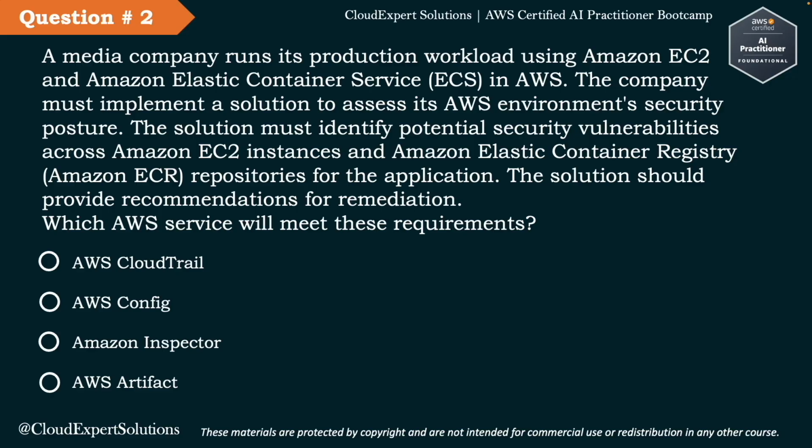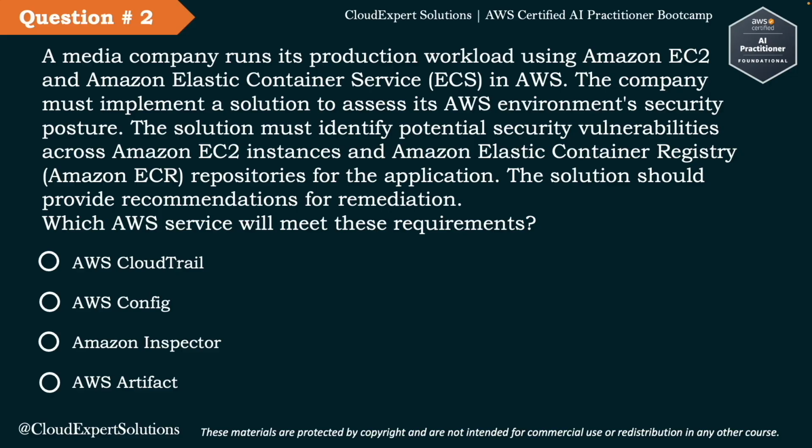The solution should provide recommendations for remediation. Which AWS service will meet this requirement? This question has a very big description and this description is just to make you diverted. The only thing it is asking, which AWS security service can scan Amazon ECR or Elastic Container Registry and Amazon EC2 for vulnerabilities. Now let's review the options one by one.